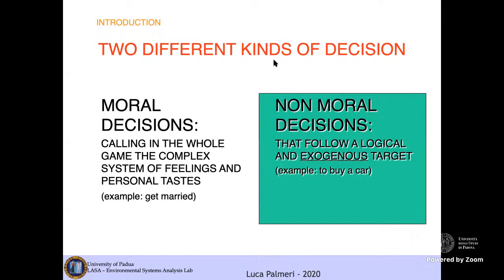For example, getting married is an example of a moral decision, while non-moral decisions, which are the ambit of environmental impact assessment, are decisions that follow a logical and exogenous target. For example, to buy a car is a non-moral decision that is driven by exogenous drivers.